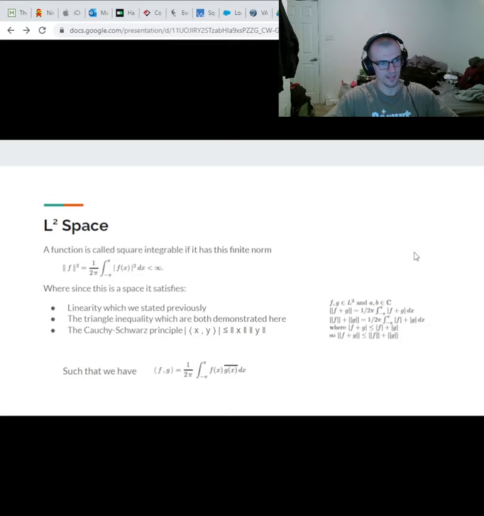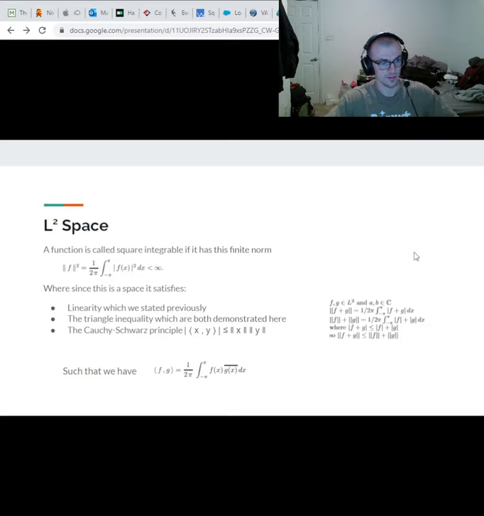And this space satisfies linearity, which I stated previously. It is also a Hilbert space, so some of these follow from Hilbert space. It satisfies the triangle inequality, which follows from a vector space, but I did a short proof showing that this norm would apply to the triangle inequality as well.